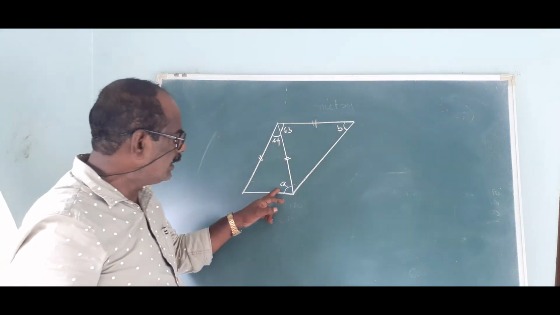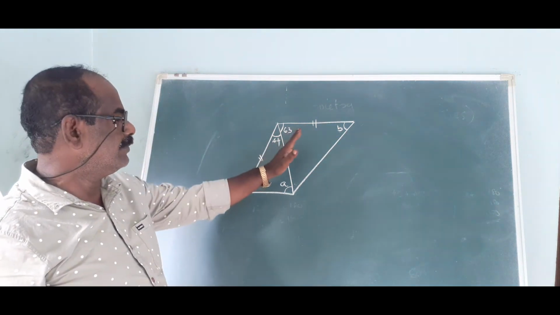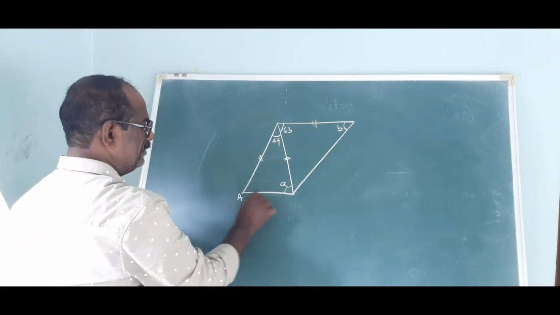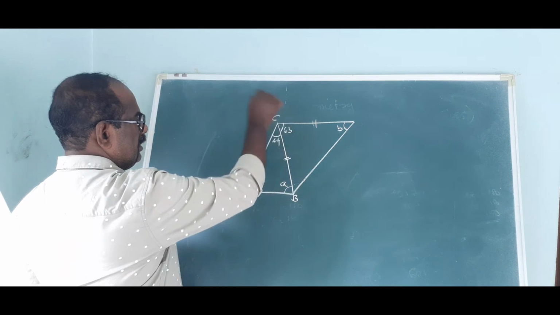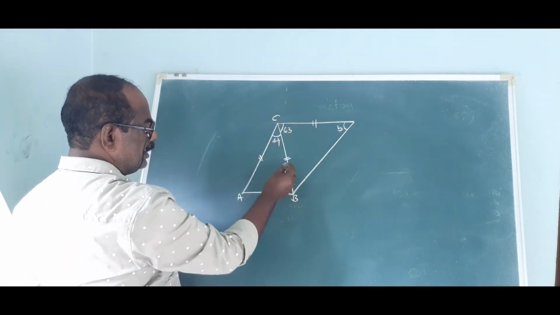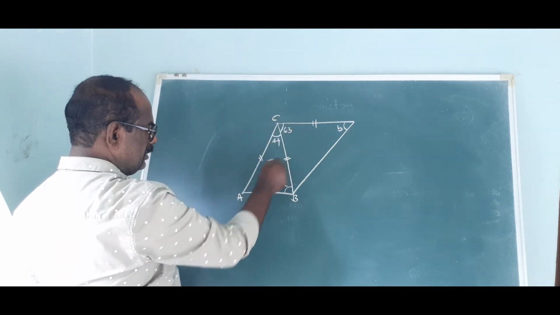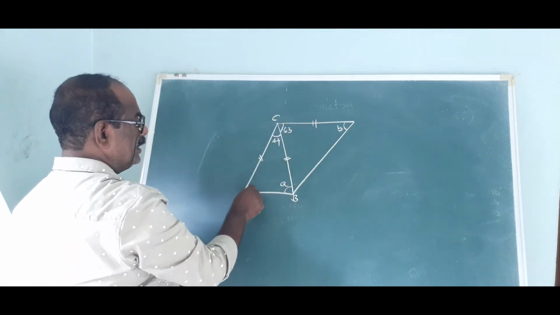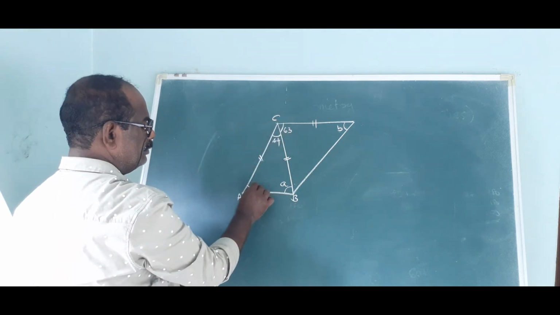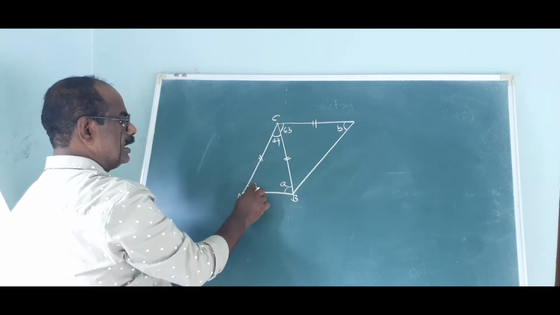Find angle A and find angle B. So first this triangle, we can say ABC. AC equal to BC. Then the opposite of CB is angle A, and the opposite of side CA is A. So these two sides are equal, then these two angles are equal.